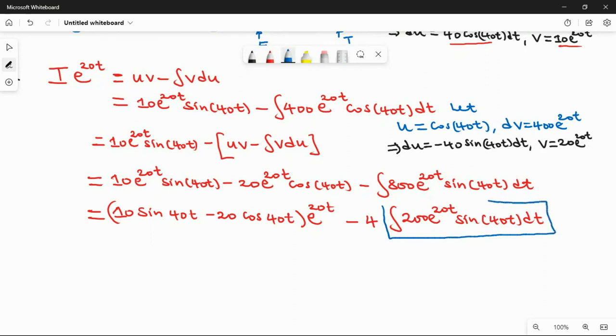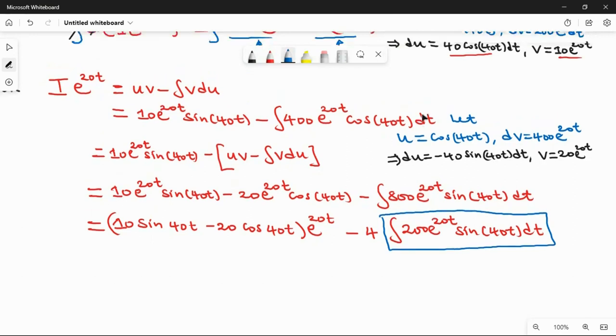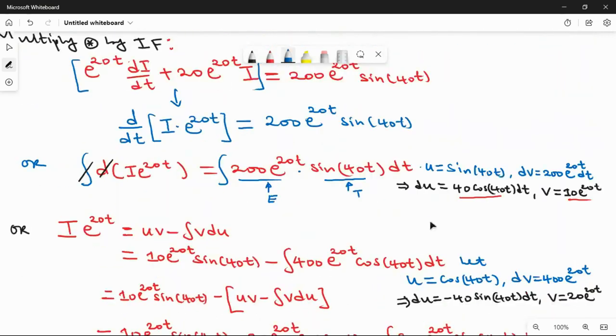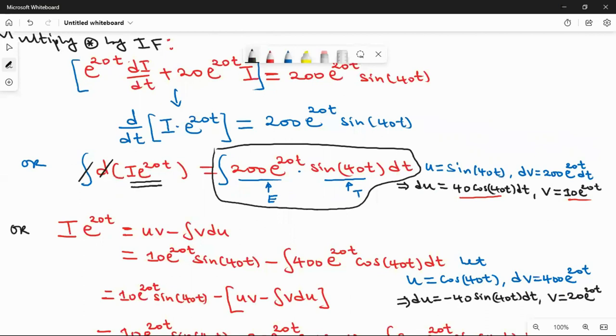That is the question. Look at it, it is the same as the one we started with. It is the same as the whole of this integral. Let me bracket it. The same as this. And what was it equal to? On the right-hand side, we got I exponential 20t, because the others cancelled, integral and derivative cancelled, so that we got the same thing on the left-hand side.